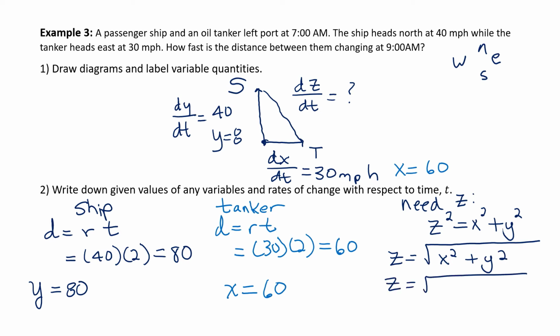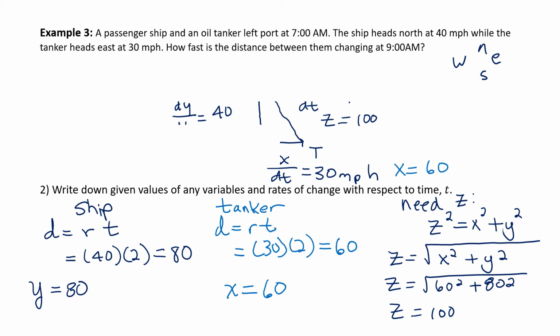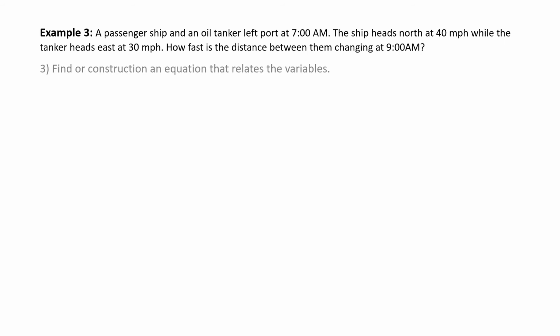Under the square root, x is 60 squared plus y is 80 squared. So we get that z is 100. So we know that z is 100. We got a diagram, we got some parts. The next step is to construct or find an equation.